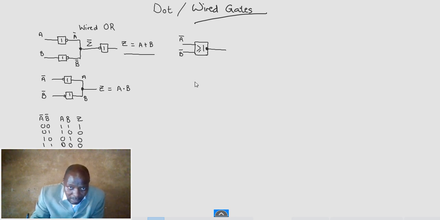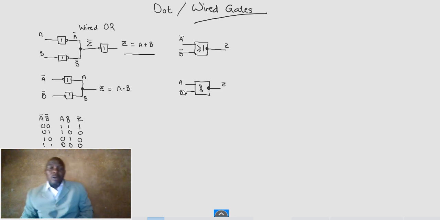Okay, the symbol for the AND again is dotted, so we place a dot there, and there is our Z. And here, the inputs are actually just direct, because the input to the gate is what goes to the dot, so that's A and that's B. Okay, so I hope that is not all.